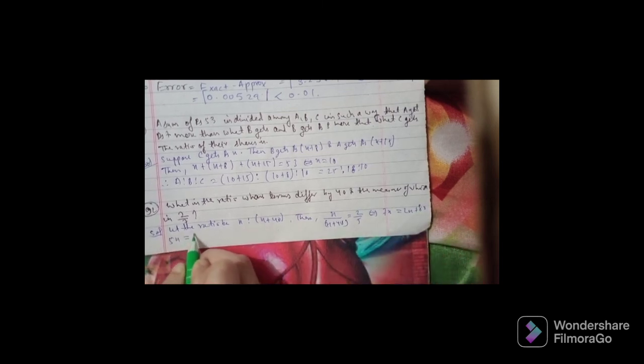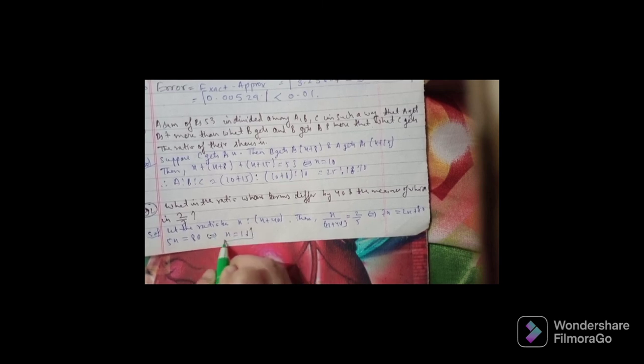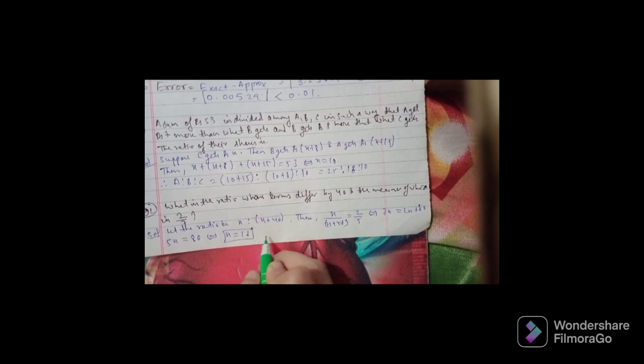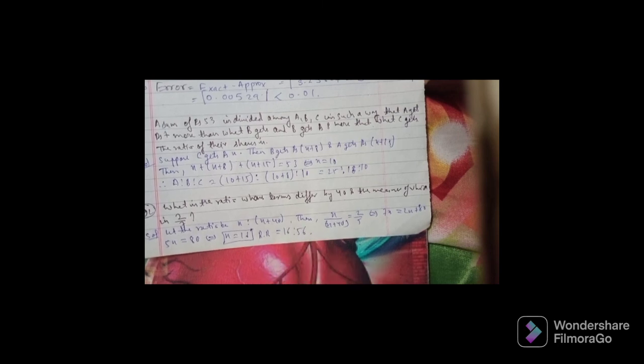Then 5x equals 80, so x equals 16. So the required ratio is 16:56, which we get as the answer.